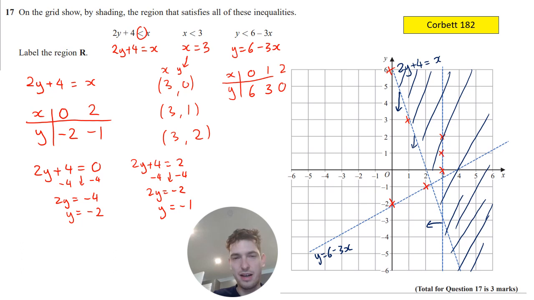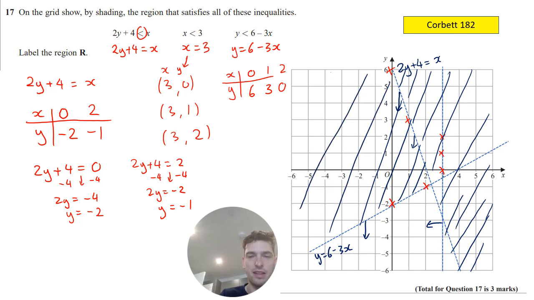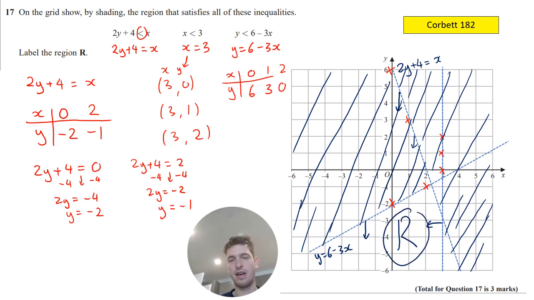Again, less than, I want everything less than, so I want everything below. So I'm going to cross off everything above this line, like that. So what have I got left? I've got this region under there, call that region R.